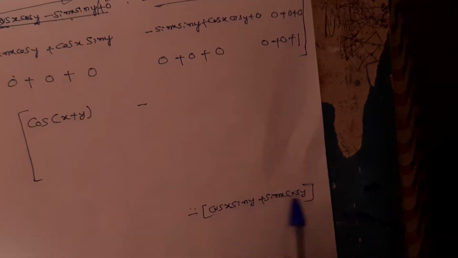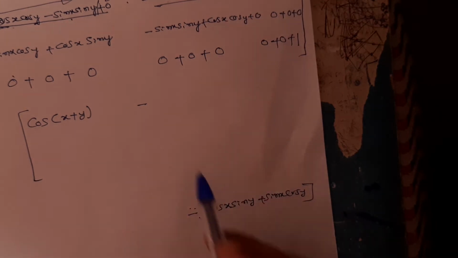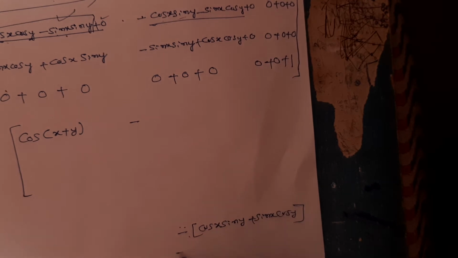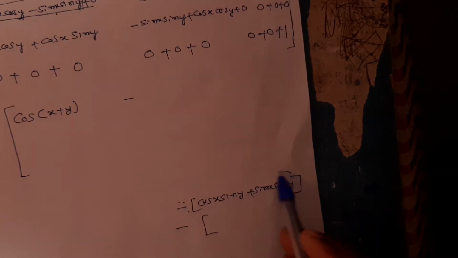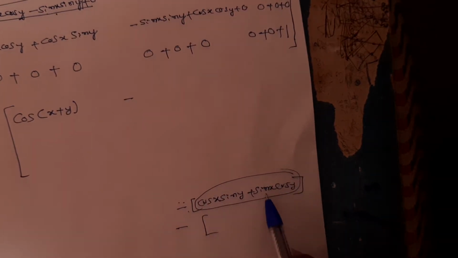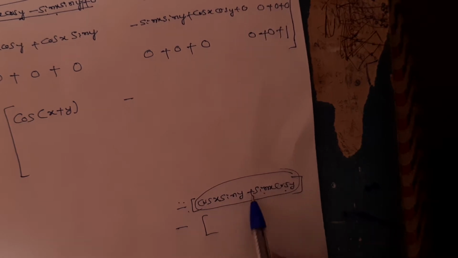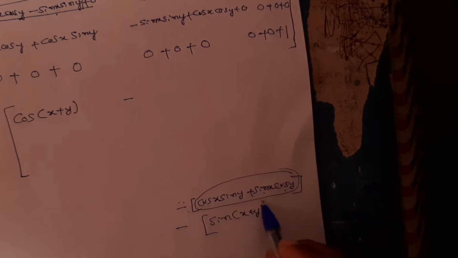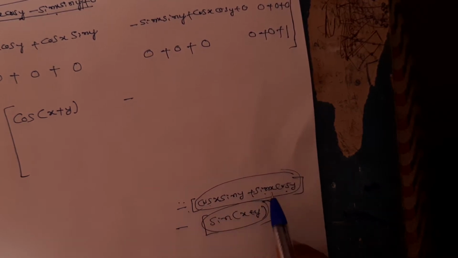You need not write all these things here. So what is this quantity inside? Sin x cos y plus cos x sin y. This is also a sum formula. This is sin of x plus y. The sin of x plus y formula is sin x cos y plus cos x sin y. This is the sin sum formula.